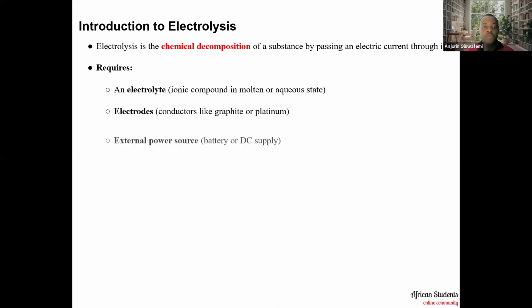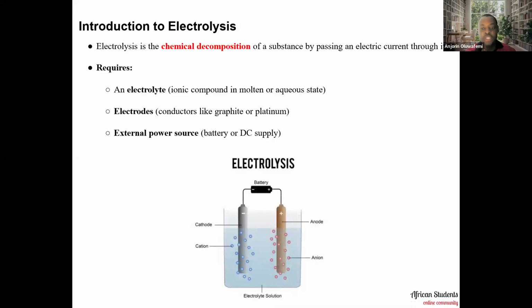We also need an external power source. Either a battery or a DC supply will be fine. So this is basically how the electrolysis setup is. You have the electrodes, and like I said before, there are two. We have the cathode, then we have the anode. The cathode is negatively charged.